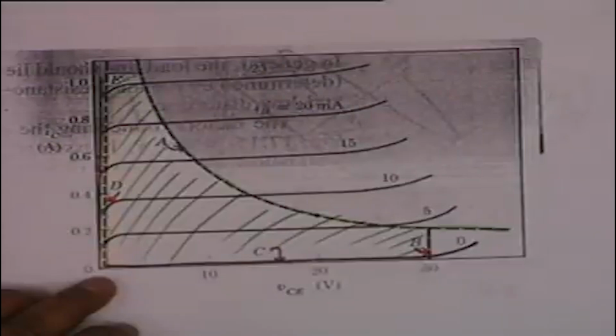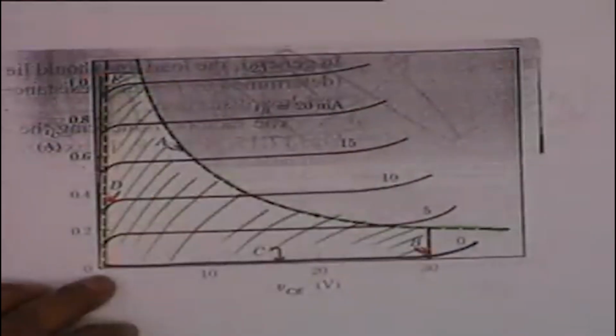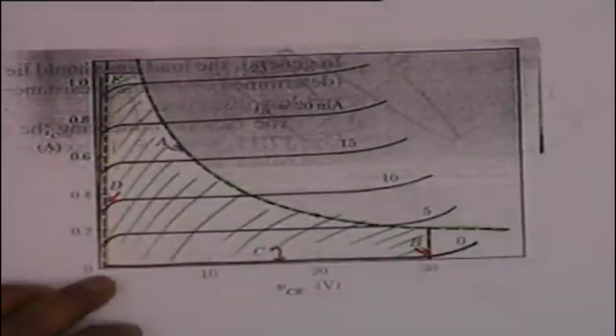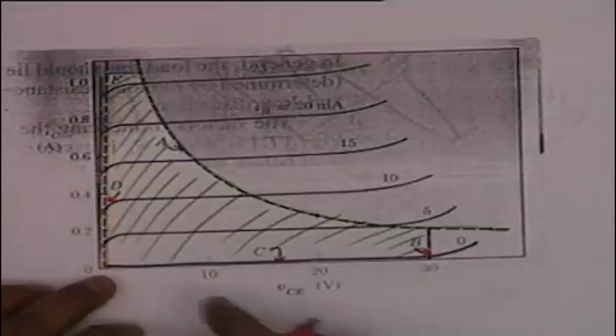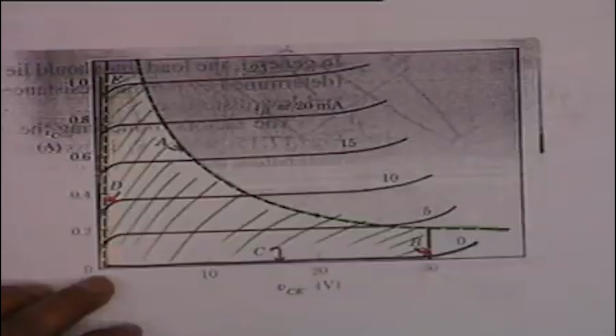The fifth fence is determined by the maximum I sub C, the maximum collector current. Obviously you cannot exceed a certain maximum, but usually the maximum collector current is not set by dissipation. You cannot increase voltage beyond 30 because avalanche multiplication takes place.